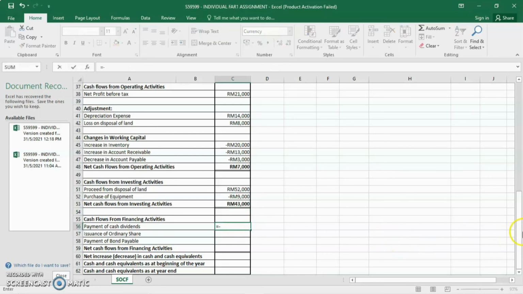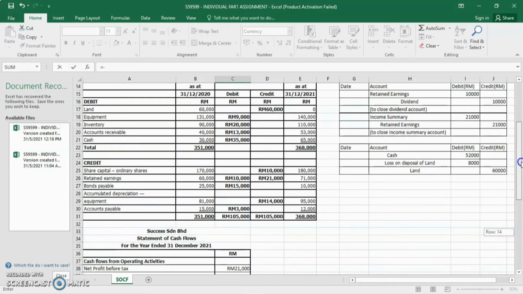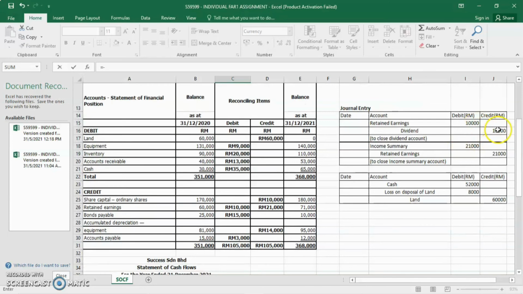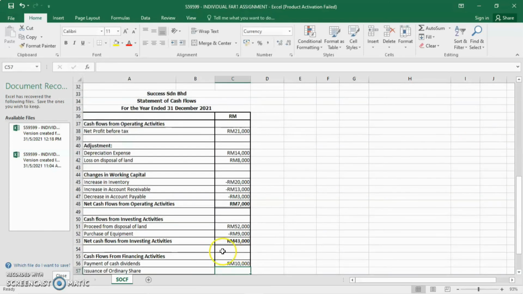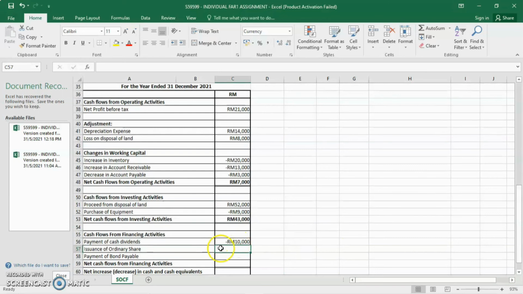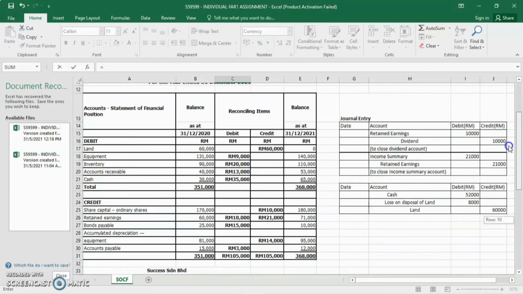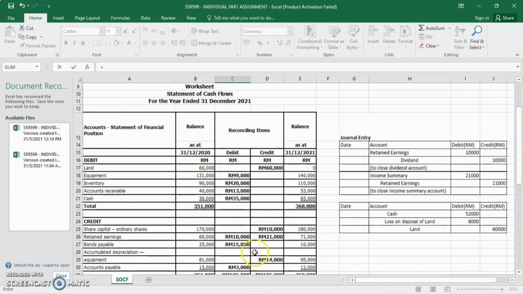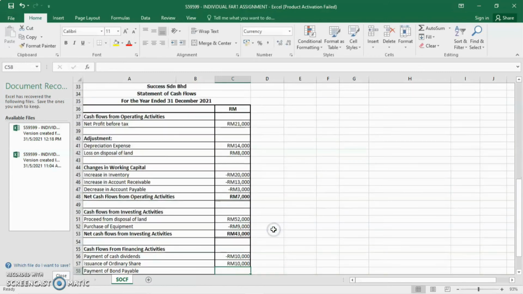Cash flow from financing activity, payment of cash dividend minus 10,000 from additional information. Issuance of ordinary share, we must plus 10,000 because when company issue share, the company can get cash by 10,000.